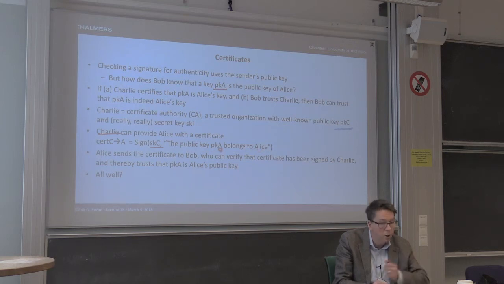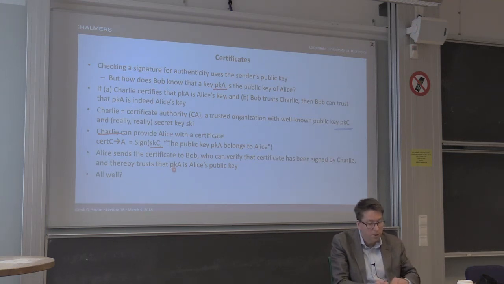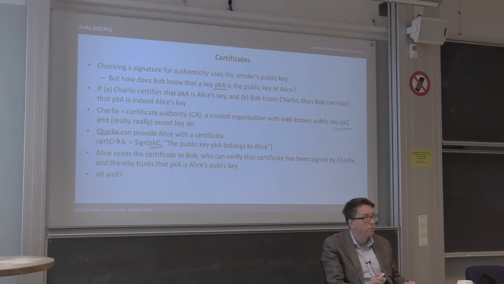And since I trust Charlie, maybe I never met Alice, I don't know about Alice, but I trust Charlie. So Charlie says that Alice's public key is PKA. And therefore, if Alice sends this certificate to Bob, and Bob has never seen Alice before, but Bob can verify that the certificate has been signed by Charlie, Bob trusts Charlie and therefore trusts that PKA is Alice's public key.